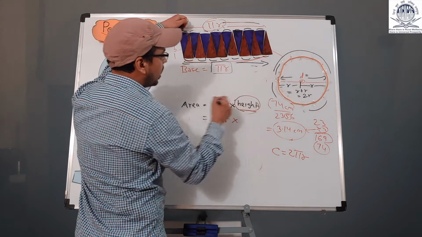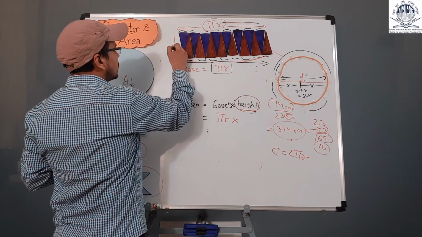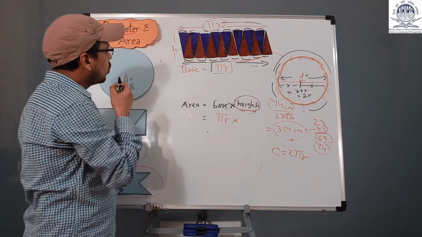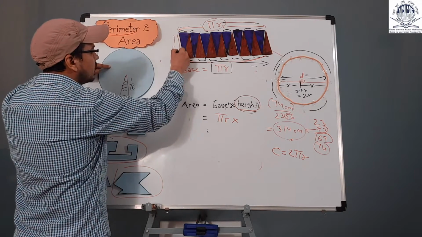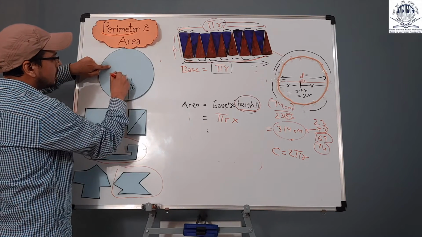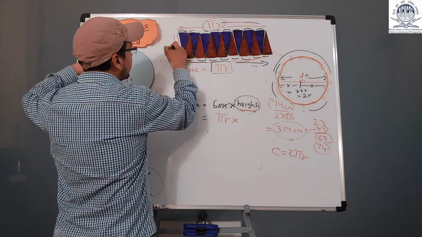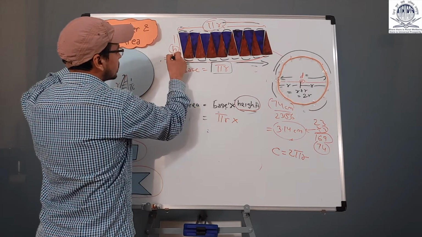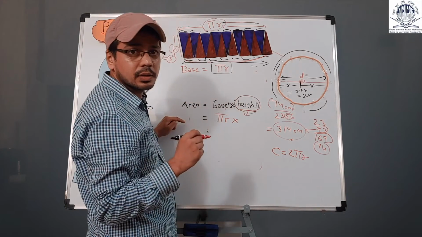So what can be my height? My height is nothing but this thing over here, and if you see it carefully, it is nothing but the radius of the circle. Now this height, if it's equivalent to radius r, shall I write height as radius over here?